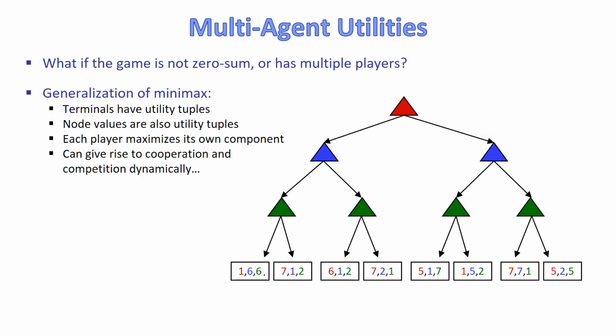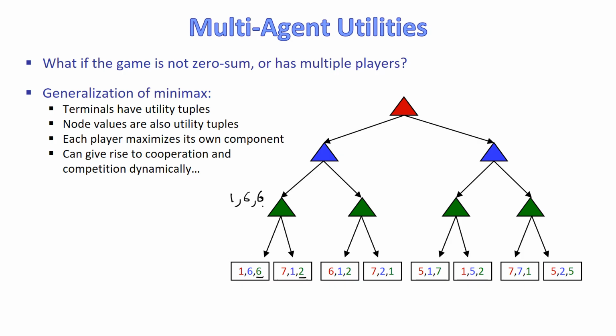The utility for the green player here is 6, here it's 2, so the utility for the green player will be 6. Now, we cannot just say 6 and that's it. We have to take into consideration the utilities of all players.